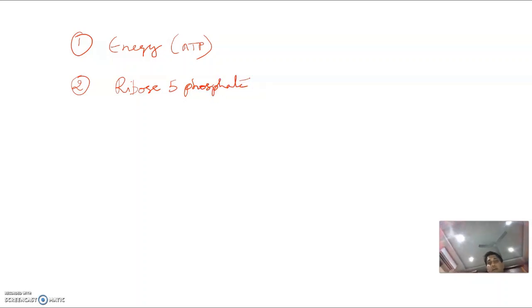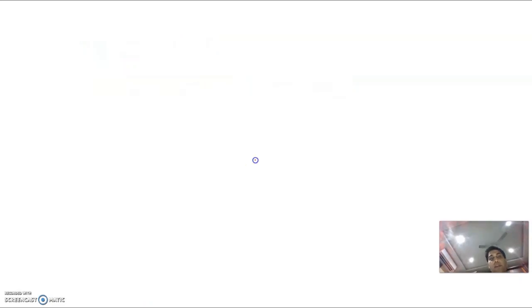So where is this ribose 5-phosphate coming from? It is coming from the HMP shunt pathway. Remember HMP shunt pathway, oxidative phase, non-oxidative phase. So we get ribose 5-phosphate from HMP shunt.